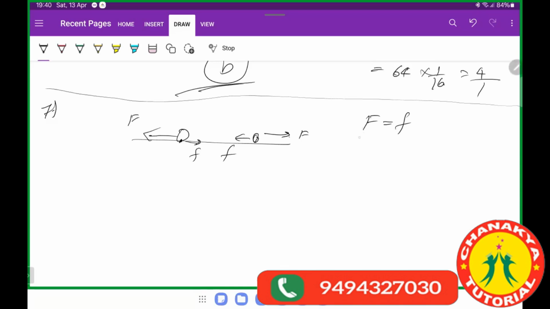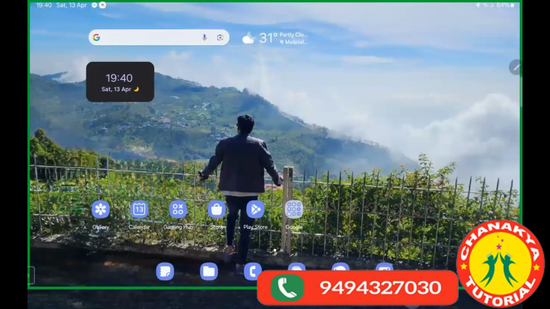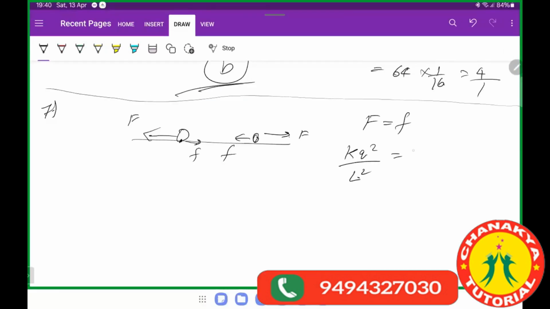So here, this force we can write as kq square by r square, where the distance is L, and small f is the frictional force. The frictional force formula is mu N, and N is mg. That's it.